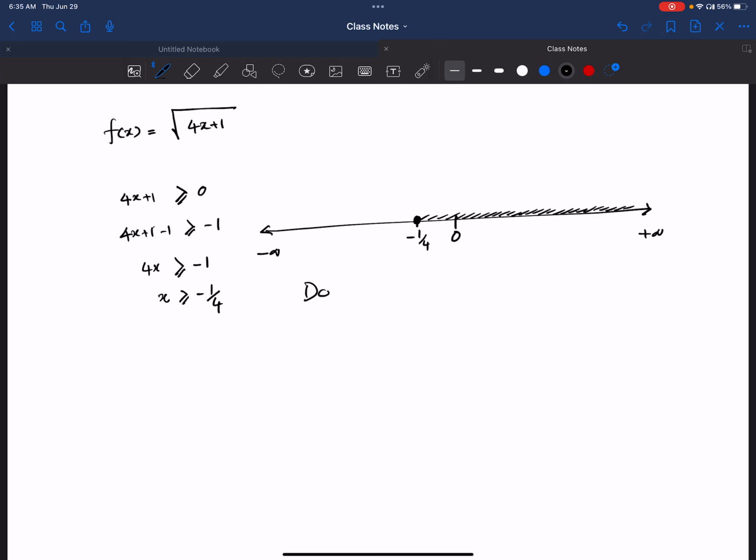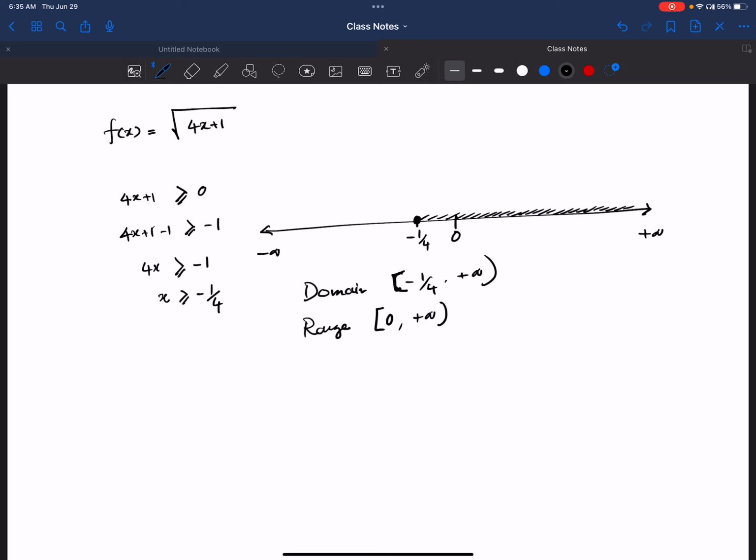So the domain is the interval from negative 1/4, bracket, to plus infinity. And the range is from 0, since it assumes 0 when x is equal to negative 1/4, and beyond that it goes to positive infinity. This is how we decide the domain and range of a function.